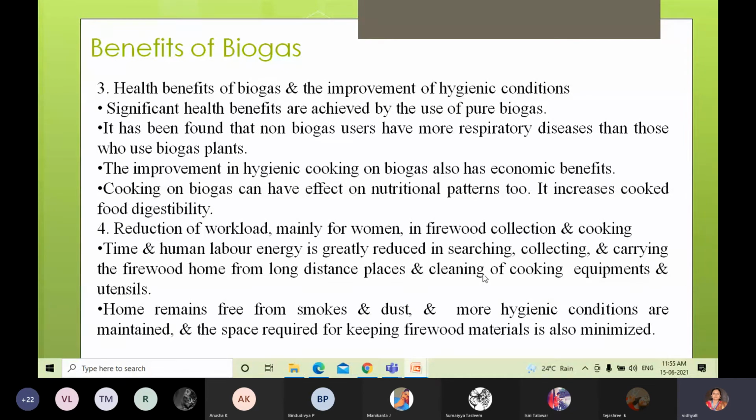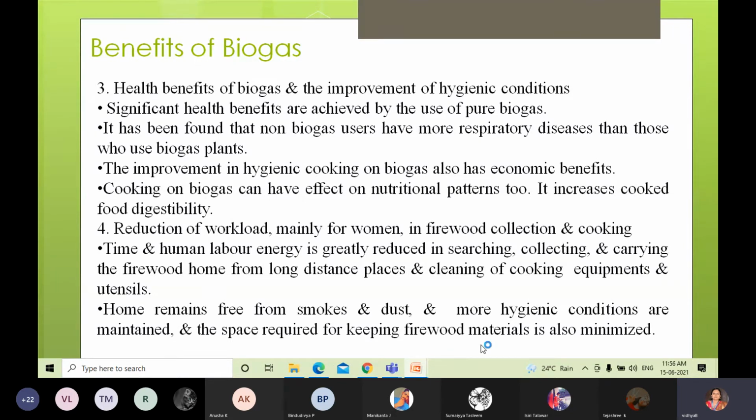Cleaning of cooking equipment and utensils at home, whatever instruments we use for cooking. But with biogas, the home remains free from smoke and dust, and more hygienic conditions are maintained. If we use gas, it will be free from smoke and dust, and it looks hygienic.